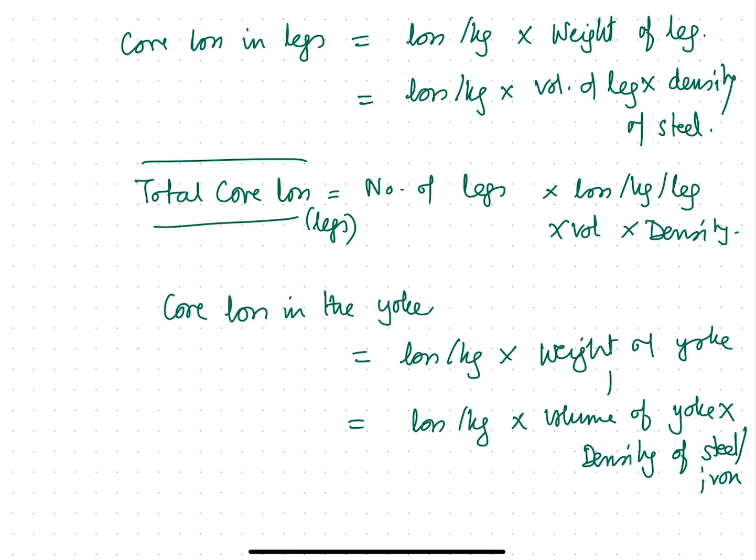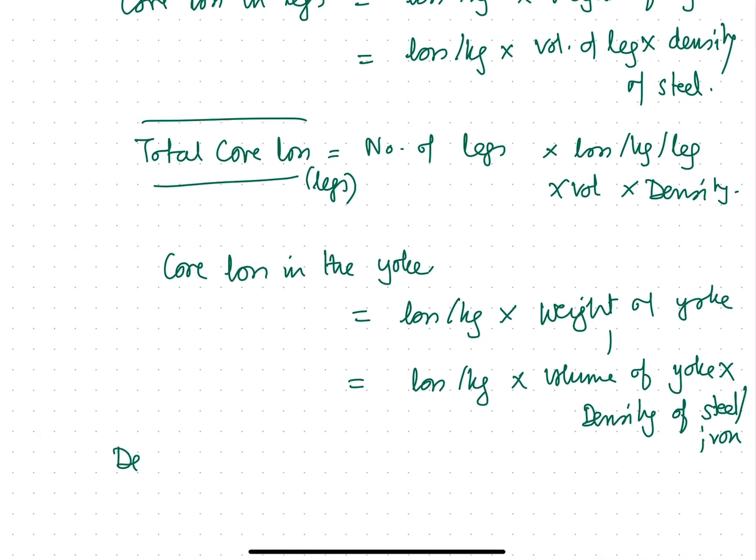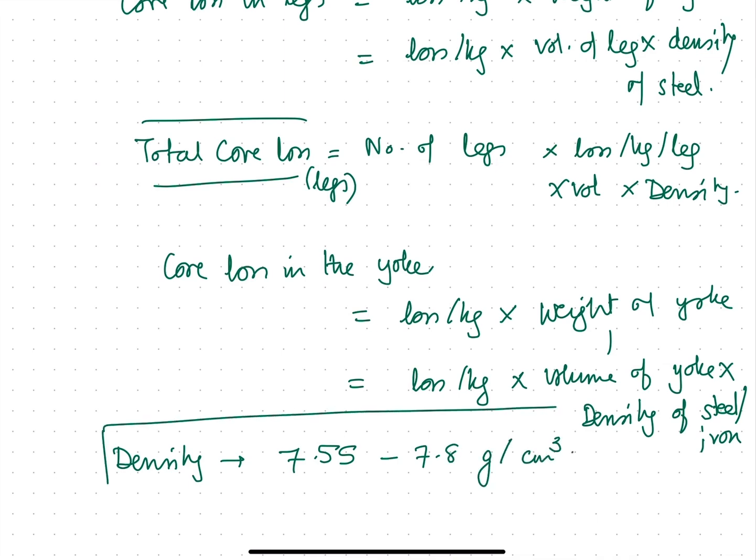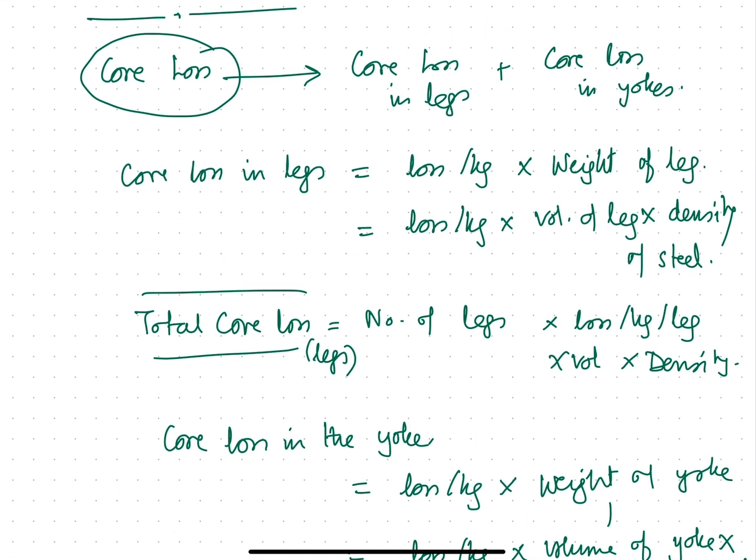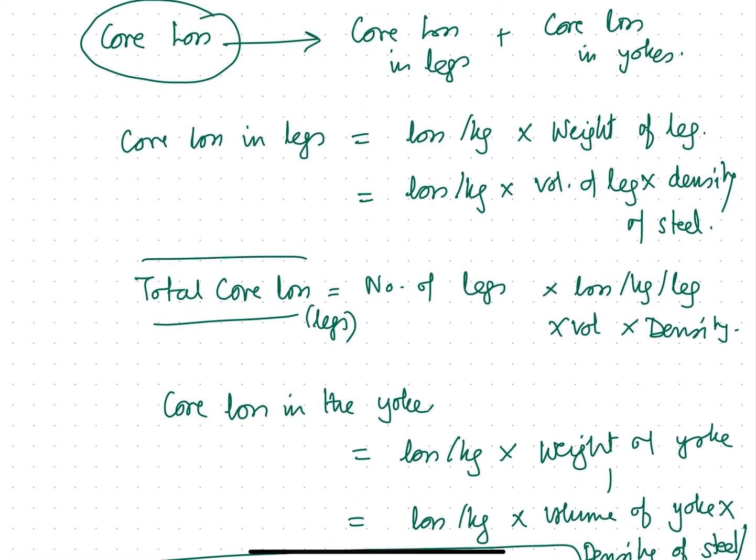So the density of the iron or steel used is about 7.55 to 7.8 gram per centimeter cube. So this is how the core losses are computed.